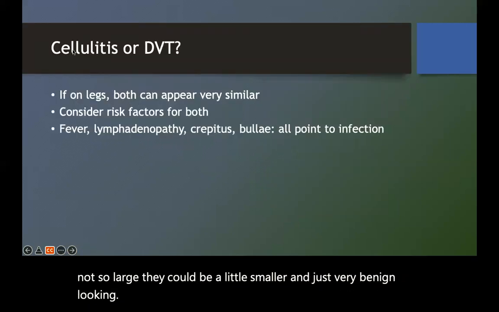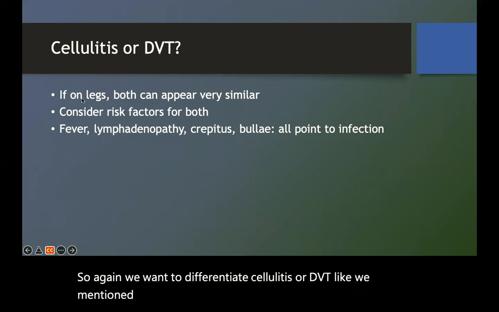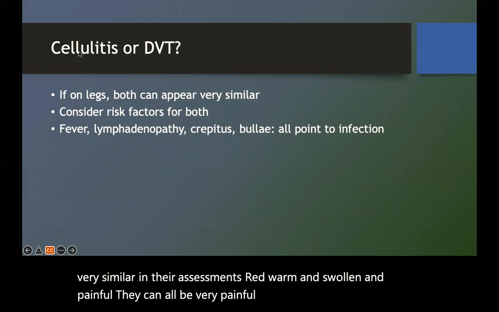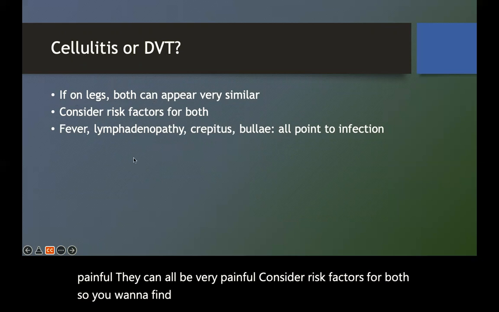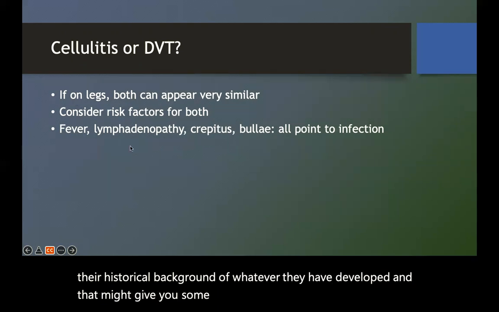Okay, so again, we want to differentiate cellulitis from DVT, like we mentioned before. If it's on the legs, both can be very similar in their assessments: red, warm, swollen, and painful. They can all be very painful. Consider risk factors for both. So you want to find out what's going on with your patient, what is their historical background of how whatever they have developed, and that might give you some more information as to which is which.